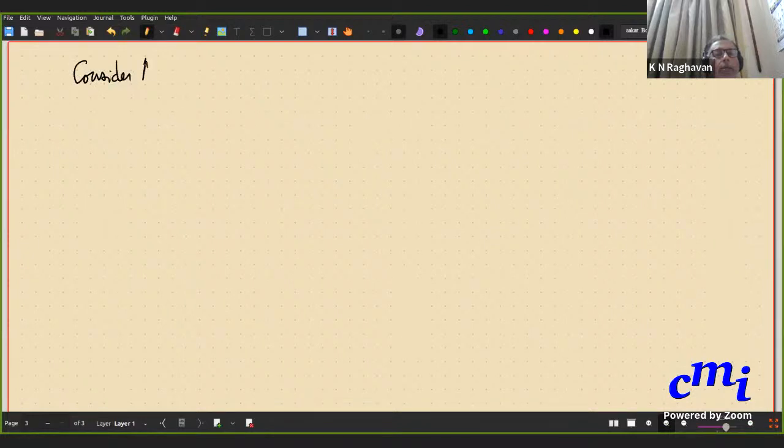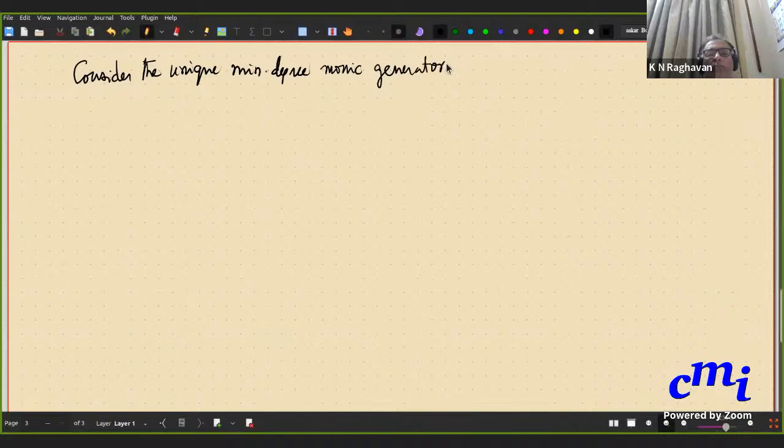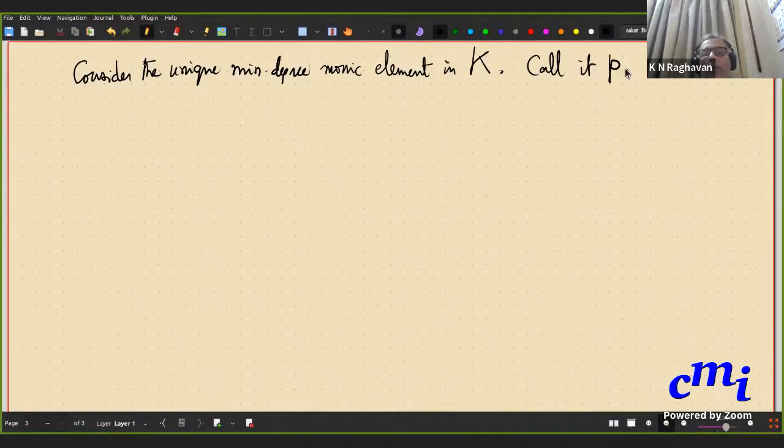Consider the unique minimal degree monic generator of the kernel, the unique minimal degree monic element in this kernel. Let's call it P. Now, can you tell me what this P is?